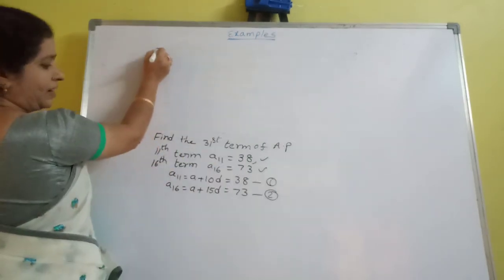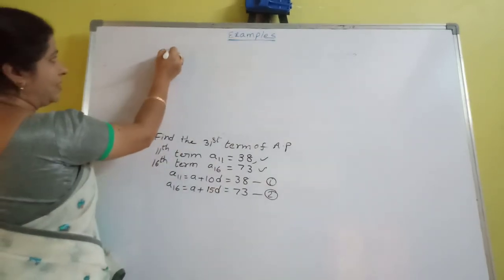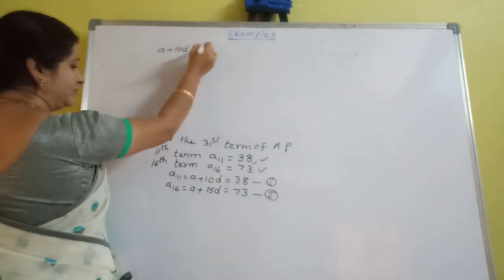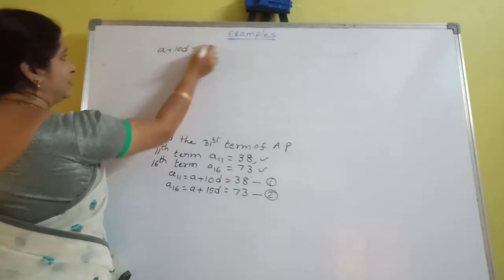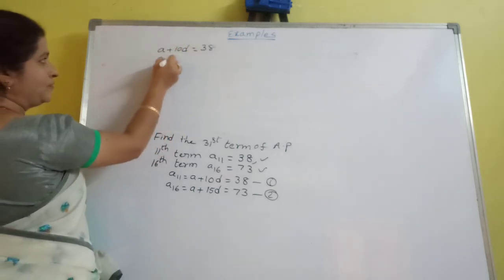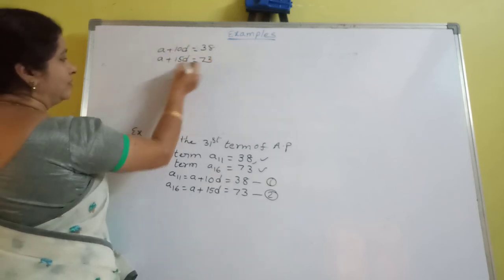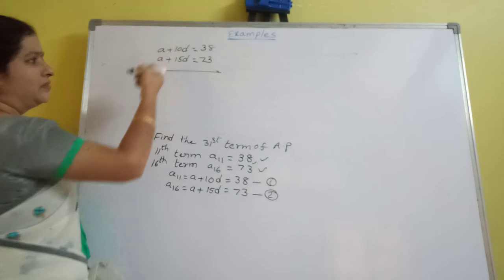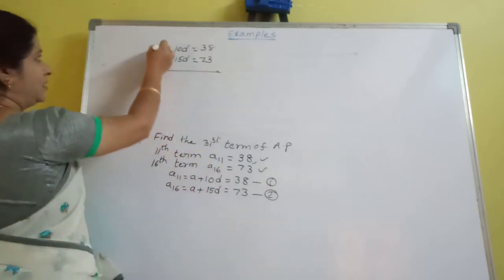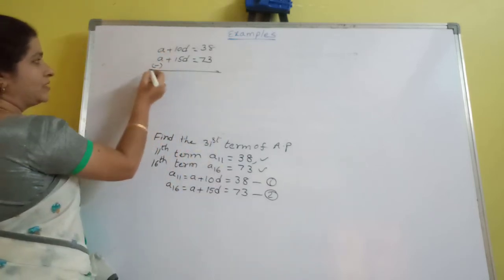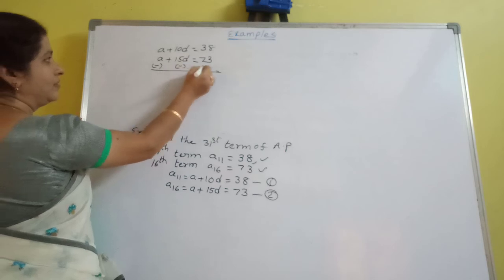So here the first equation, A plus 10D equal to 38. Second equation, A plus 15D equal to 73. So do the subtraction. Subtraction symbols will be changed.